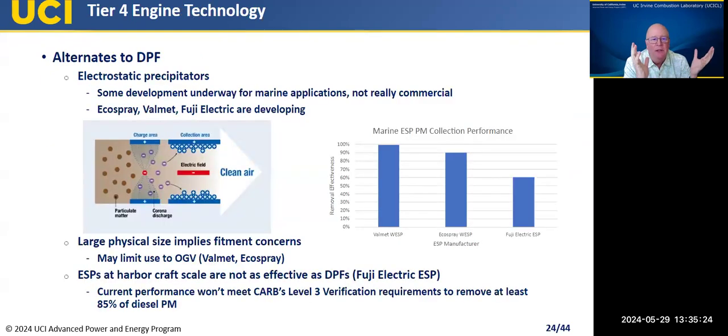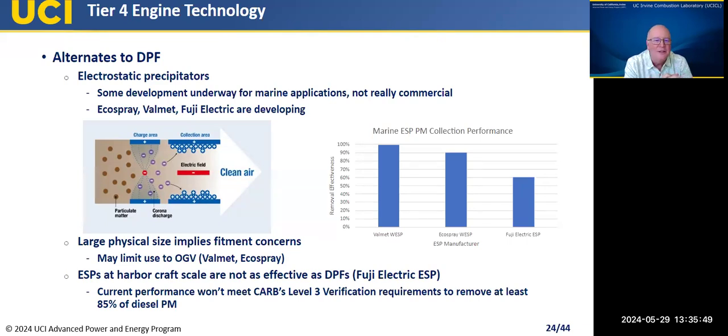So as far as other ideas for reducing the particulate, beyond what we've already talked about, a diesel particulate filter, there is the idea of what are called electrostatic precipitators. This technology evolved quite a bit during COVID, right, as a way to clean up building air.